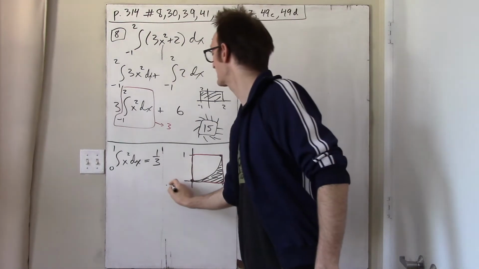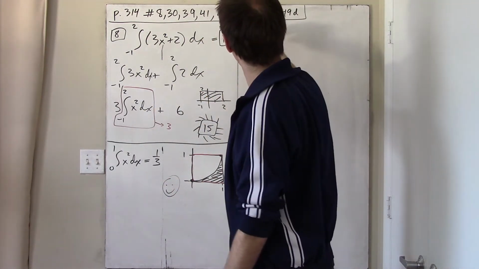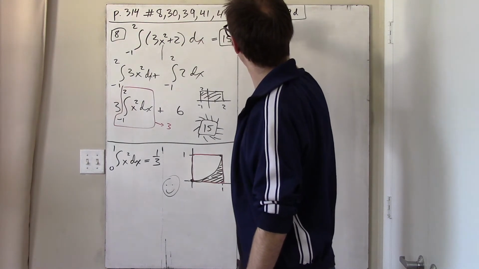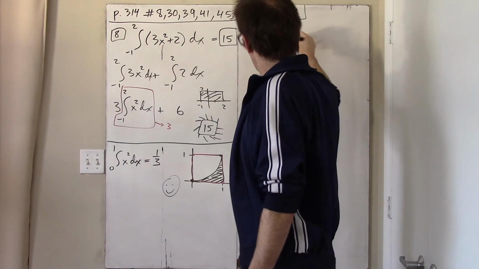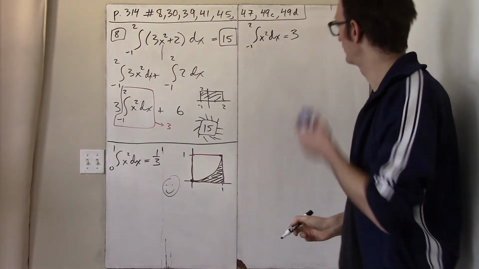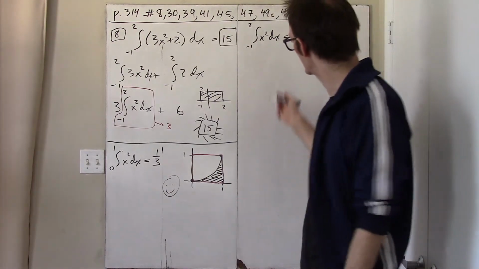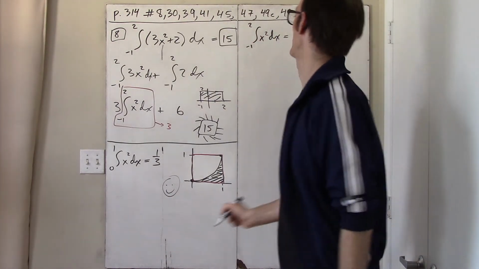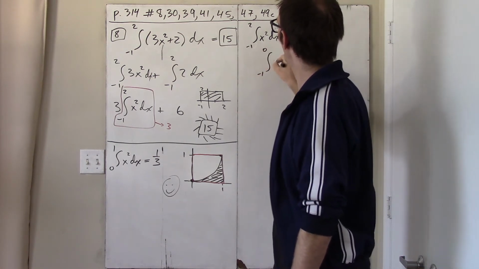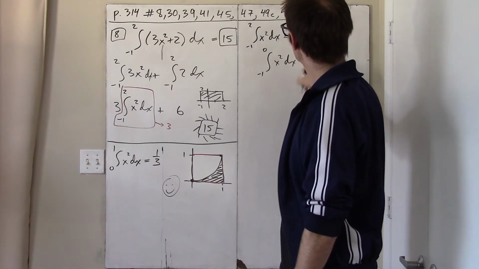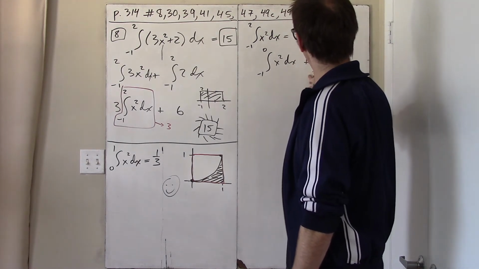Okay, so if I accept this fundamental shape, then when it came to determining what the integral from -1 to 2 of x squared is, another thing I could have done was to split this up into the integral from -1 to 0 of x squared plus the integral from 0 to 2.